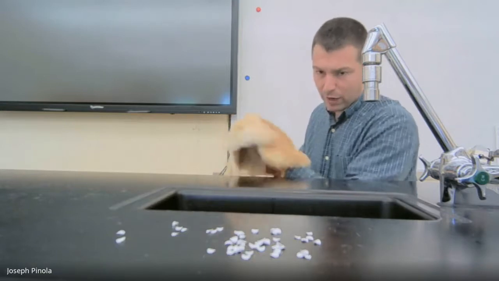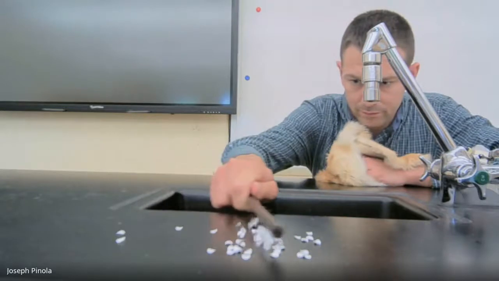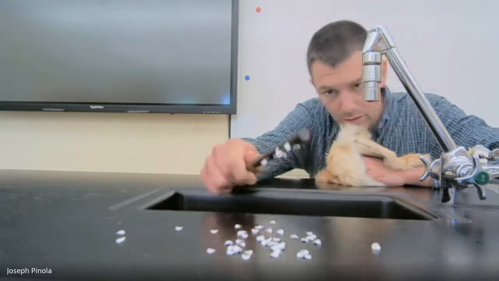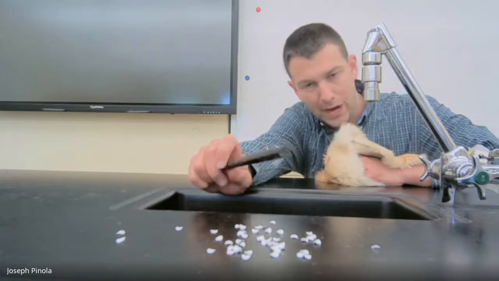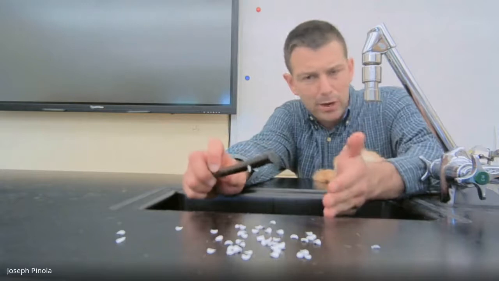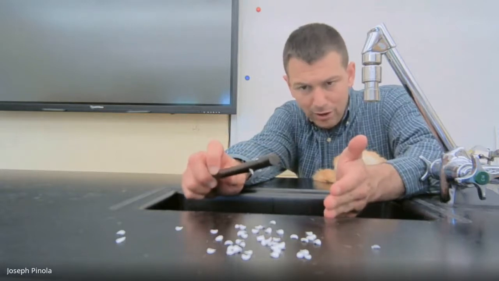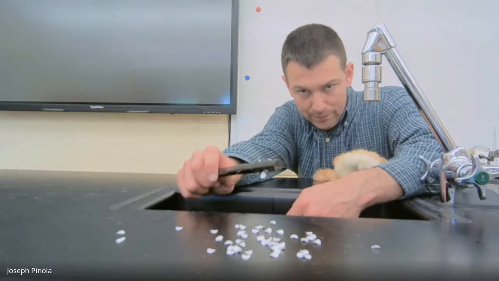And I would like you to watch what happens. Do you see that the bits of paper were attracted to the rod? These bits of paper were not electrically charged before, but now they were attracted to the negatively charged rod.